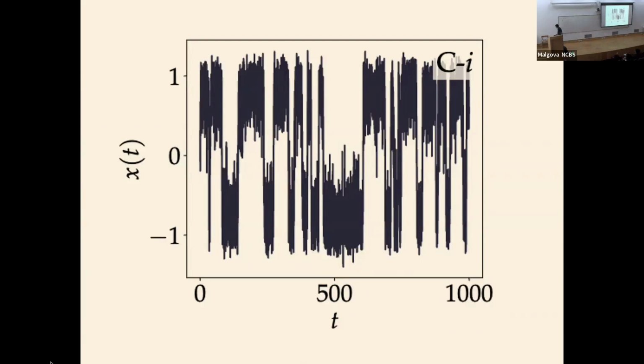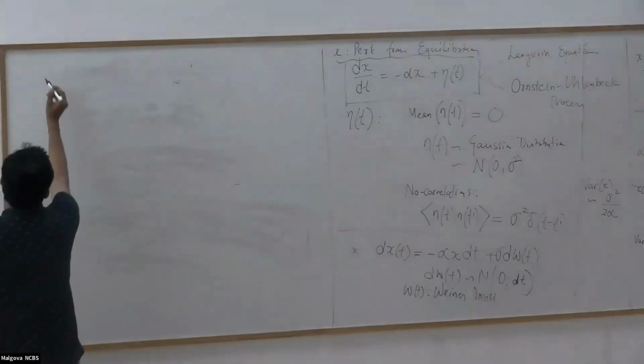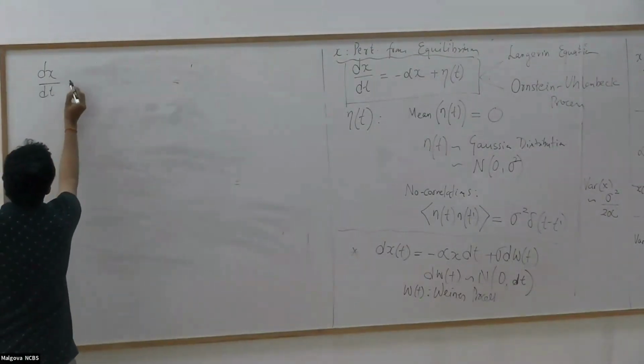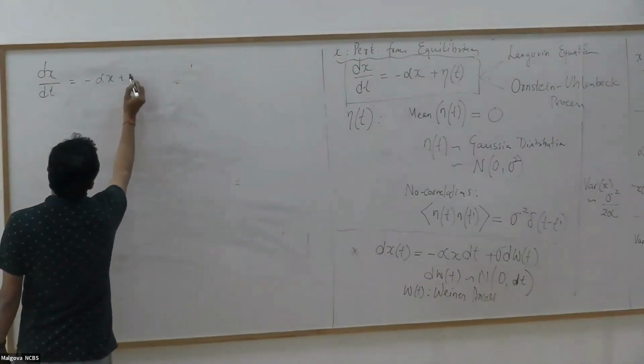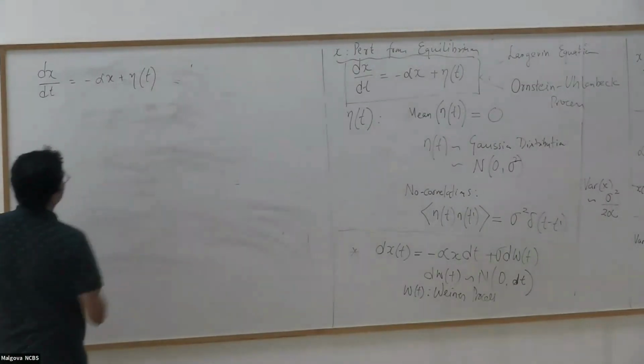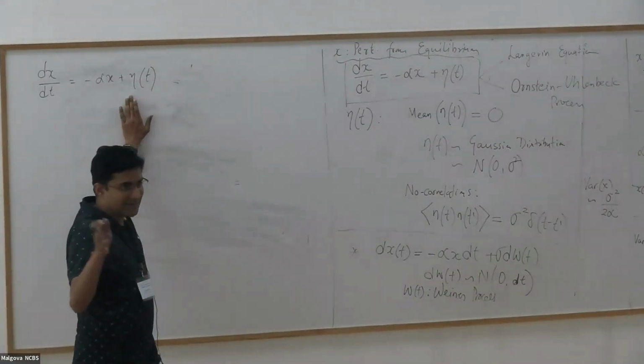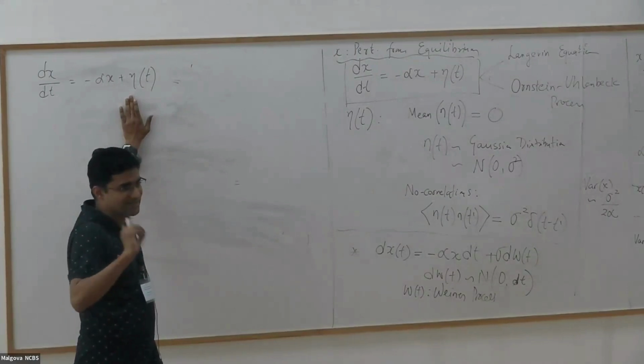I need the eraser first. So here, in this equation, which is basically the same equation, I am adding some stochasticity at every instant in time, and the stochastic perturbations are driving the system.